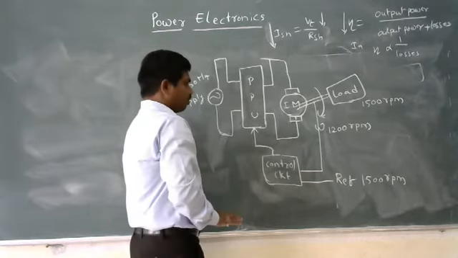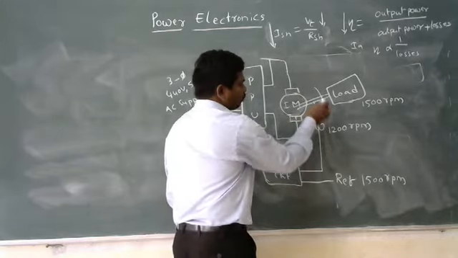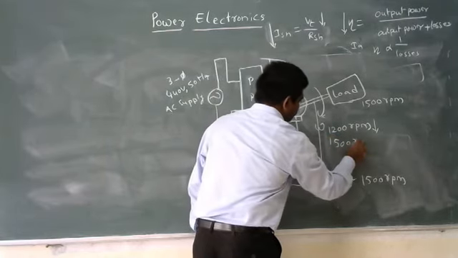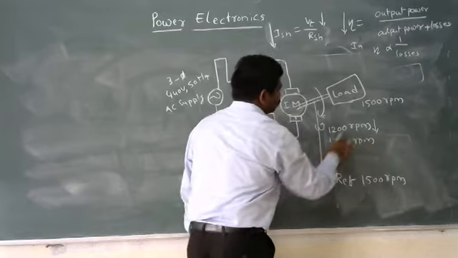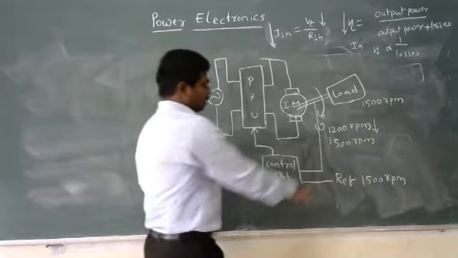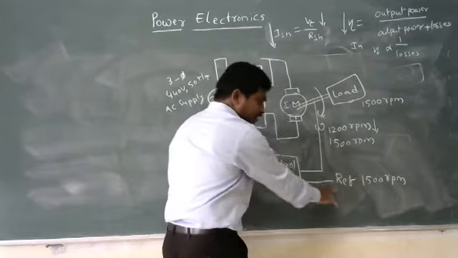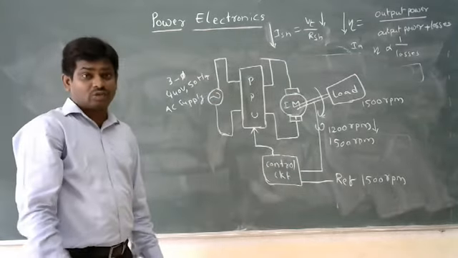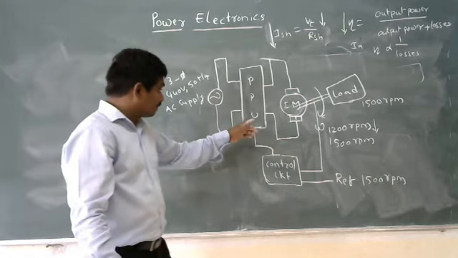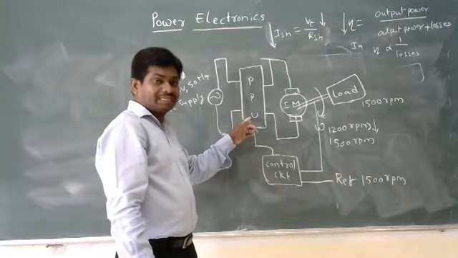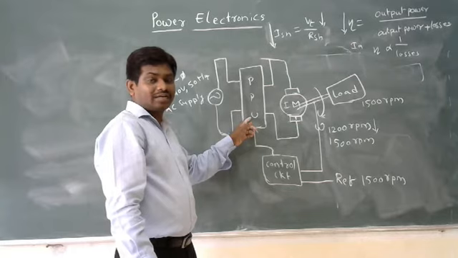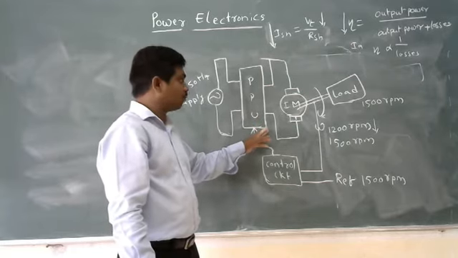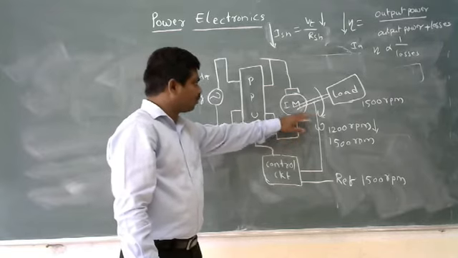Whenever the induction motor output reaches 1500 RPM, it matches the 1500 RPM of the load and the reference value. Then the control circuit won't send any signal to the PPU circuit, and the PPU will think that exactly the required values are being given to the load.